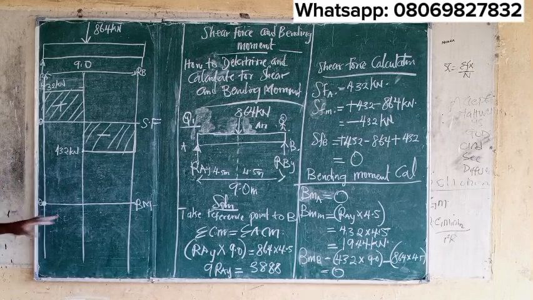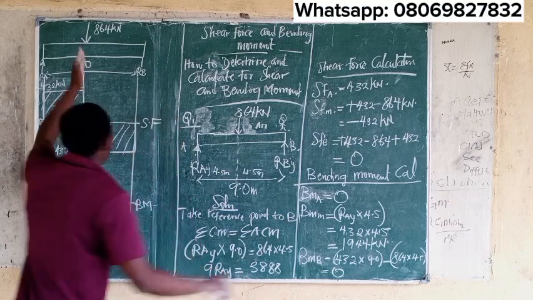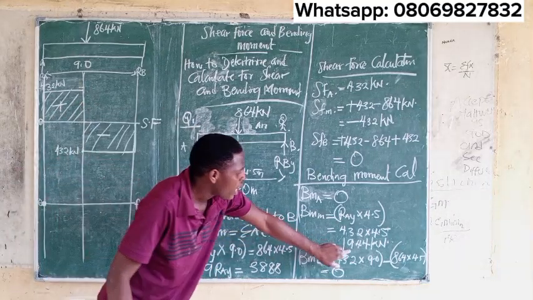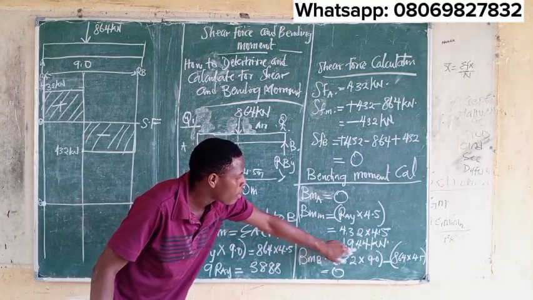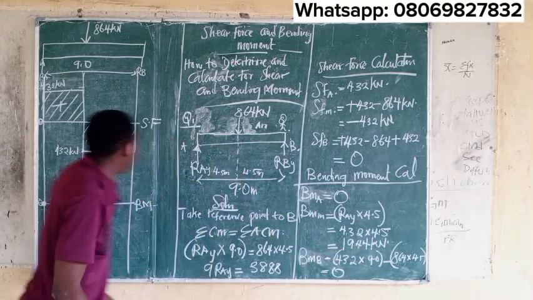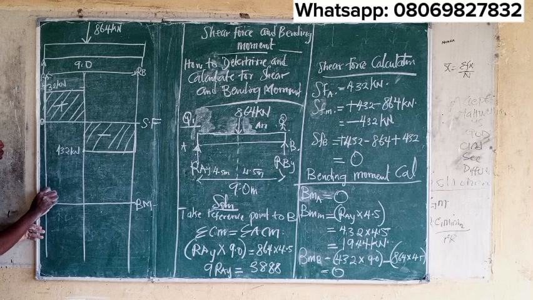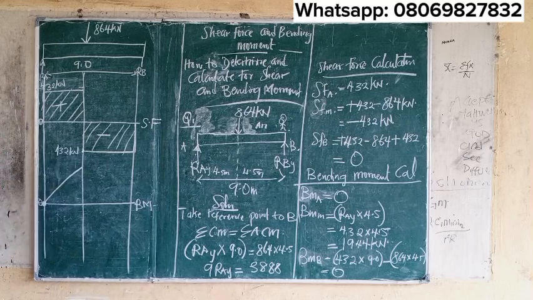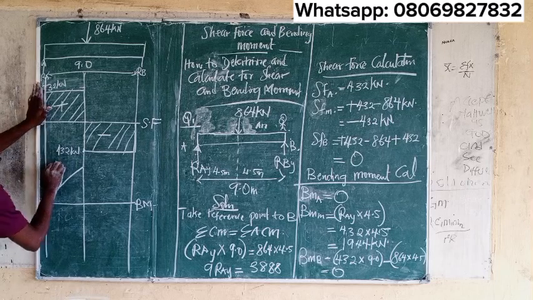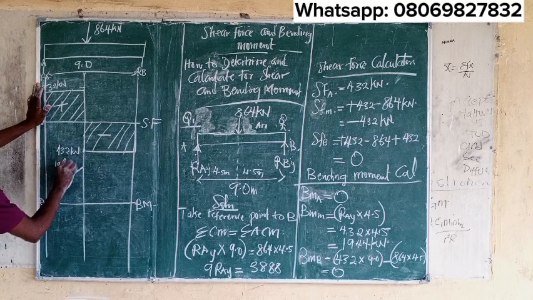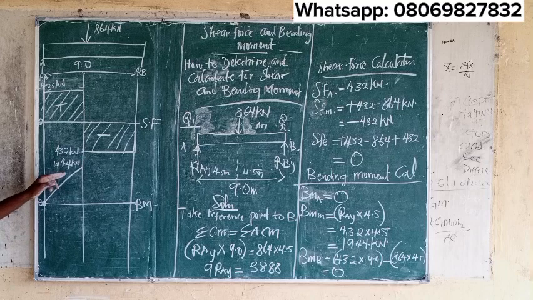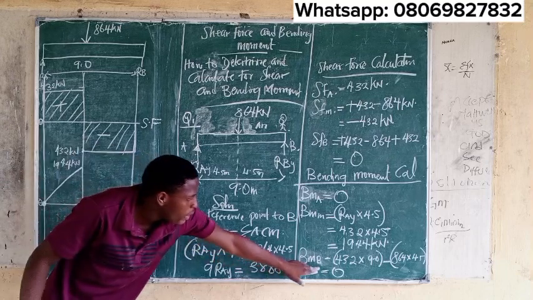The next thing, bending moment at the midpoint, that is at the middle, it is a positive 1944 kilonewton meter. So from this point down to this point, it is 1944 kilonewton meter.